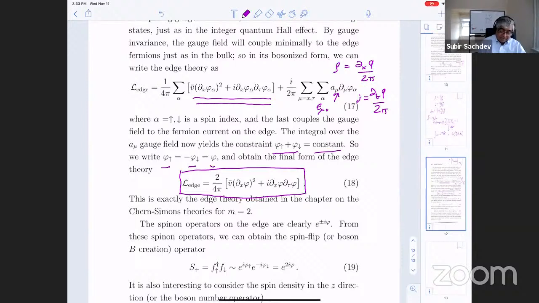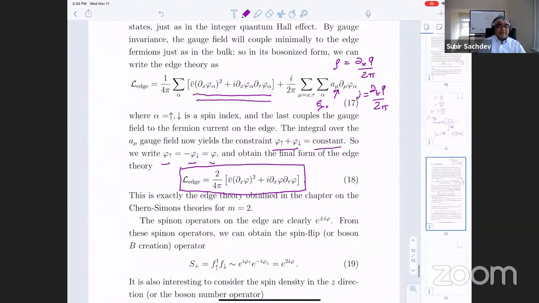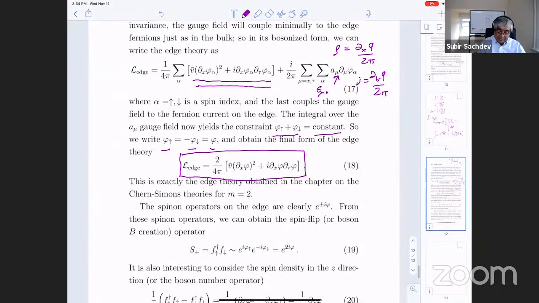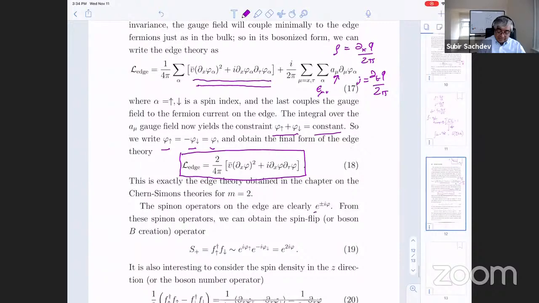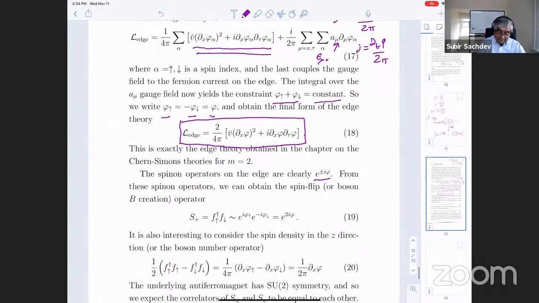Okay, so now, of course, we know the quasi-particle operators in the bulk that were just fermions. And we already know that the fermions are just e to the i phi in the bosonization language. And therefore, the spin-on becomes plus or minus i phi on the boundary.